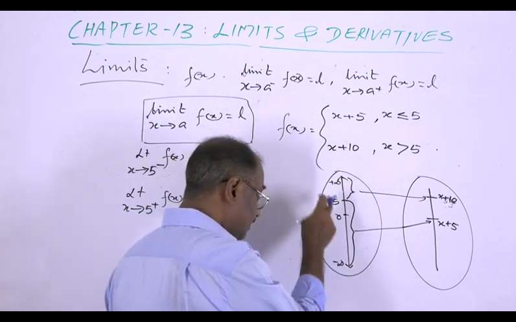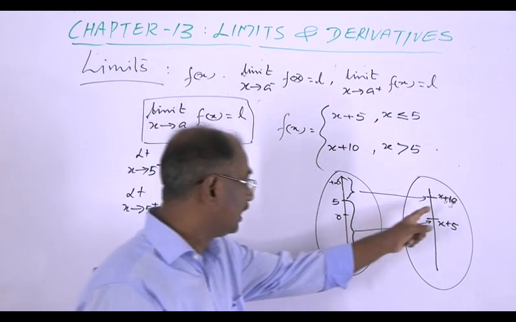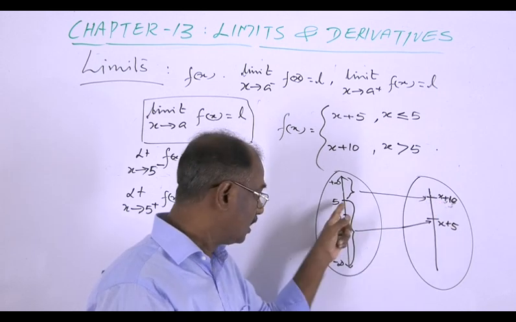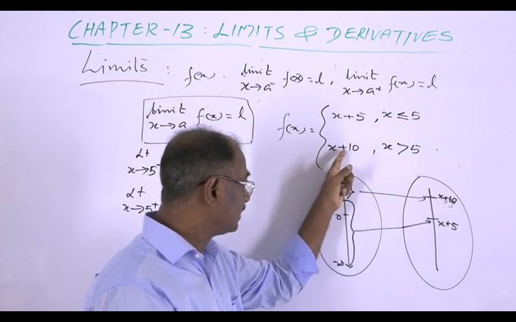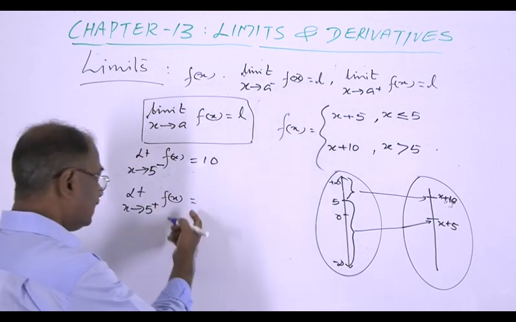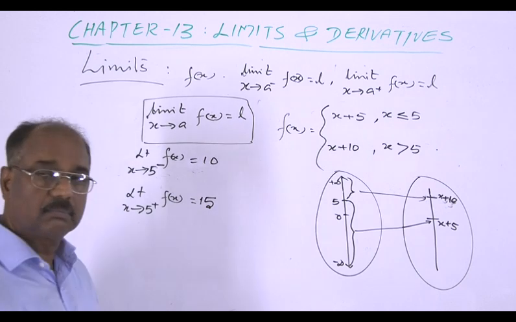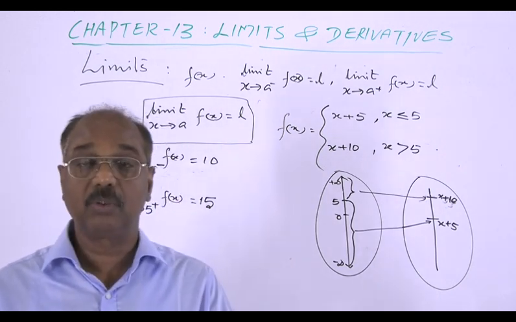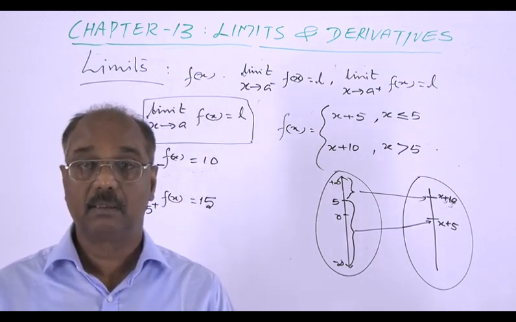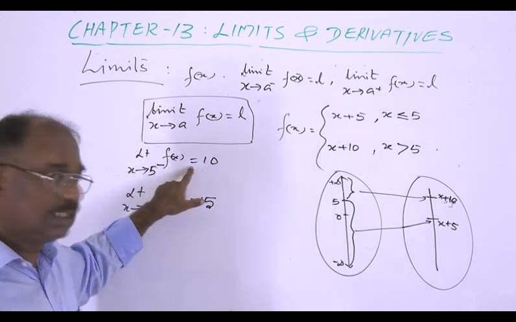And in this case, the functional value is x plus 10. So we see that this is 5 plus 10, which is equal to 15. Therefore, the left-hand limit exists, but it is 10.